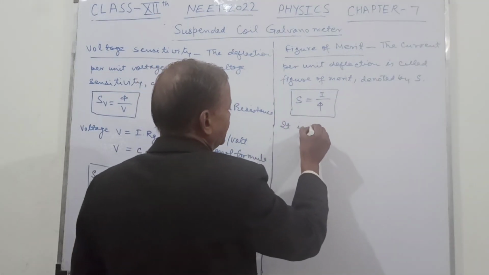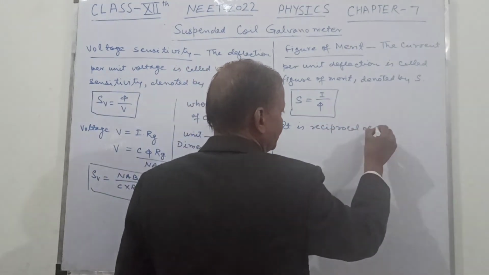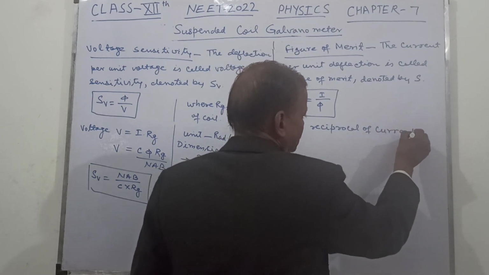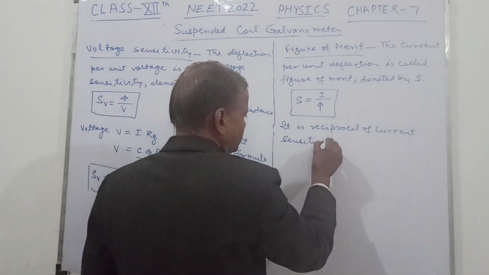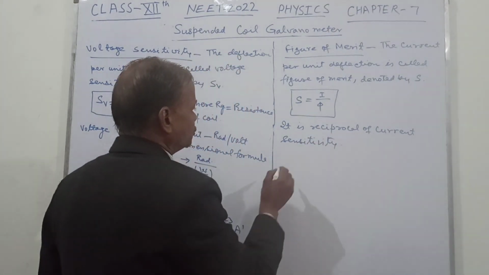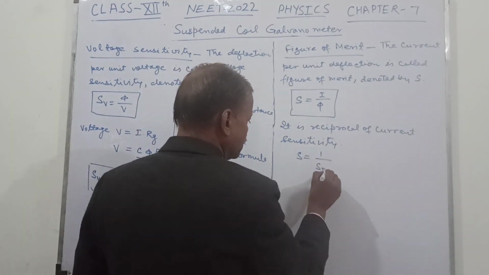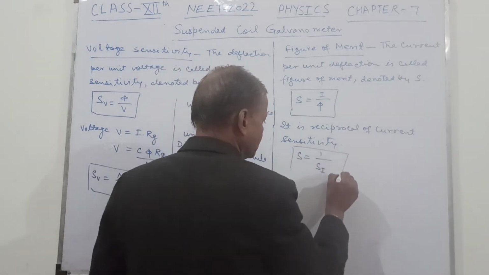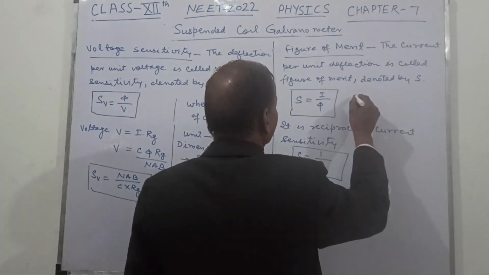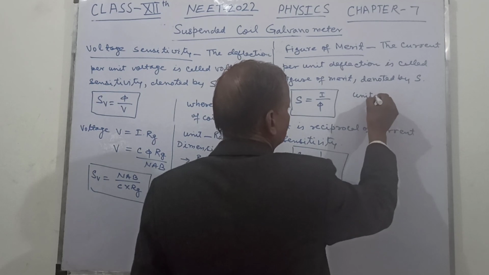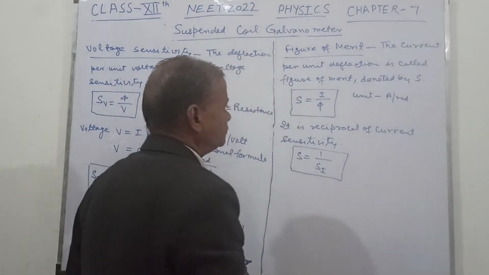It is the reciprocal of current sensitivity. So we can have S equal to 1 upon SI. And now the unit of this one is ampere per radian.